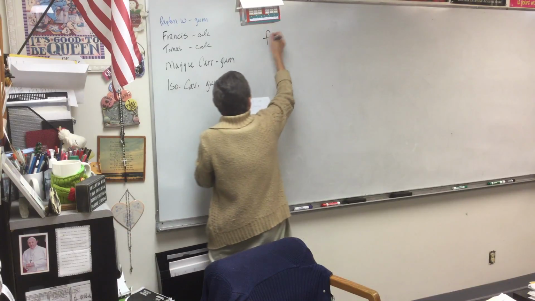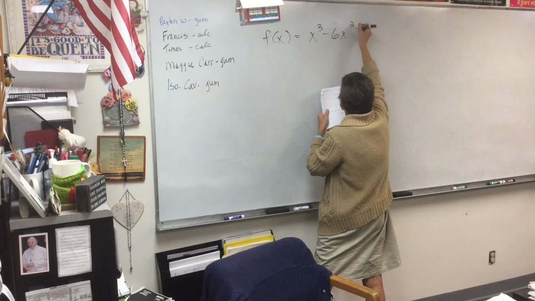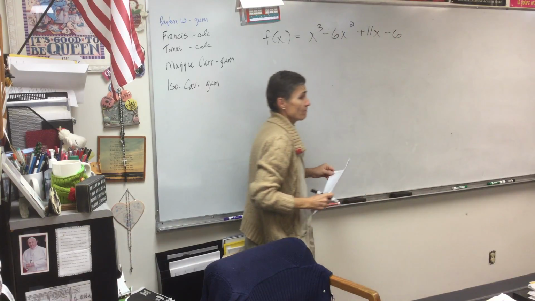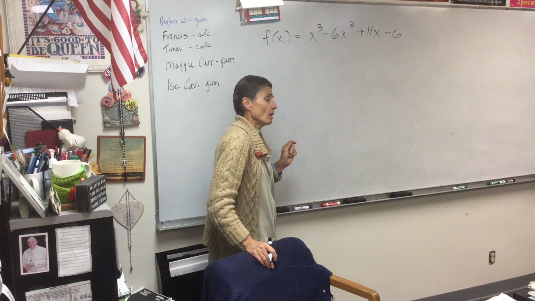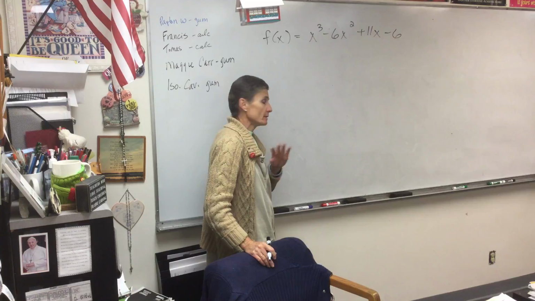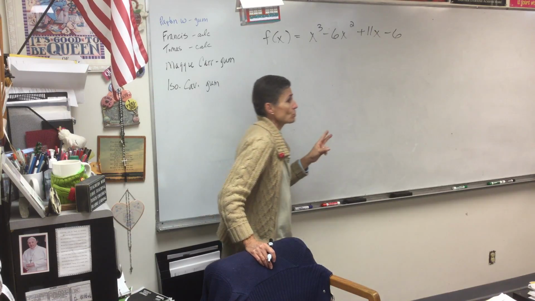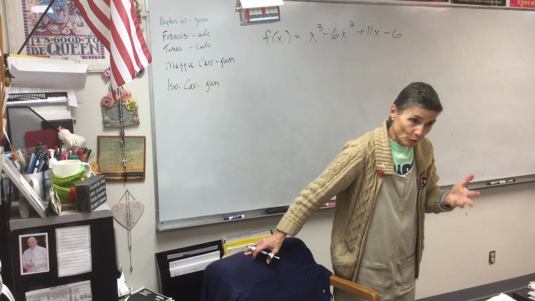Okay, here we go. F of x equals x cubed minus 6x squared plus 11x minus 6. Now, the first thing we think about is, I wonder if it groups.